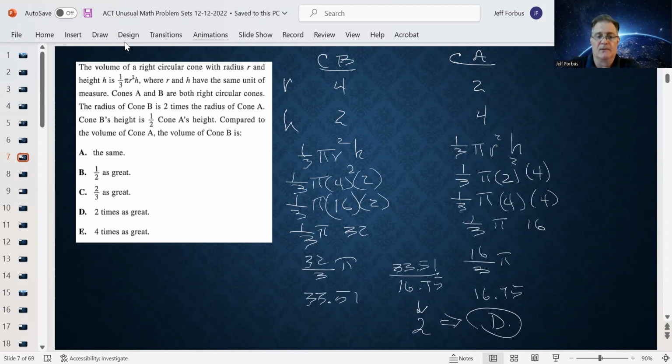You can tackle this problem and take more than 1 minute, but then you risk leaving questions after this problem blank because time is ticking away.